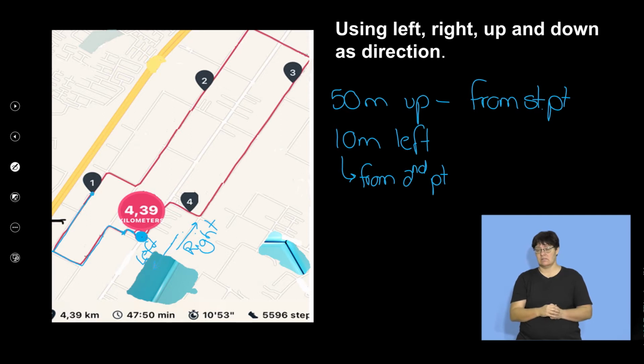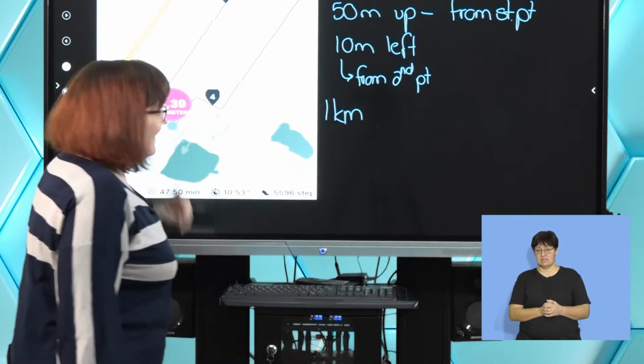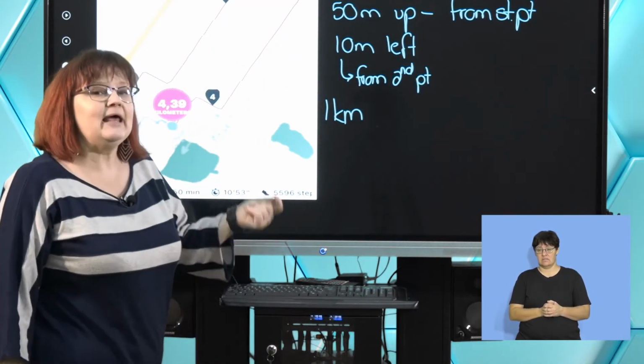Now, according to the fitness tracker, she's now done 1 kilometer, okay? But that 1 kilometer is a distance. She's physically walked 1 kilometer. Distance, she's tired now, but that's not her displacement.